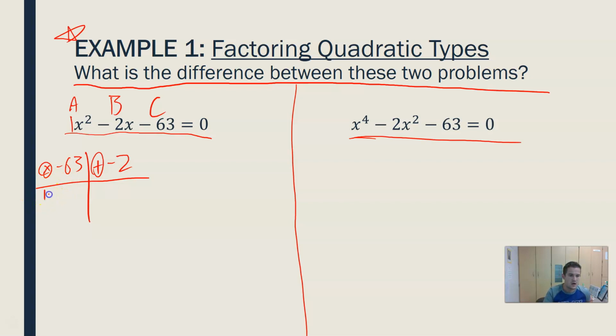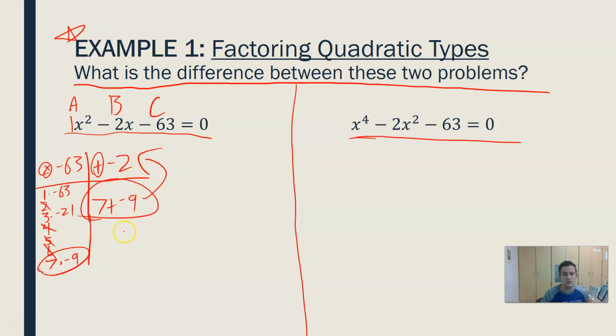So I have 1 times negative 63, 2 doesn't work, 3 times negative 21, 4 doesn't work, 5 doesn't work, 6 doesn't work, 7 times negative 9 is negative 63, and look at that! 7 plus negative 9 indeed equals negative 2. So those are my two golden numbers.